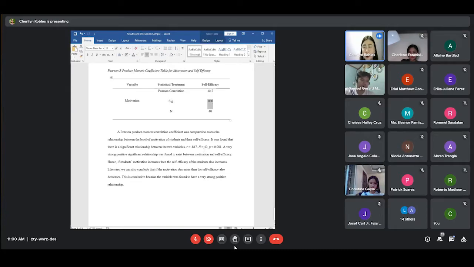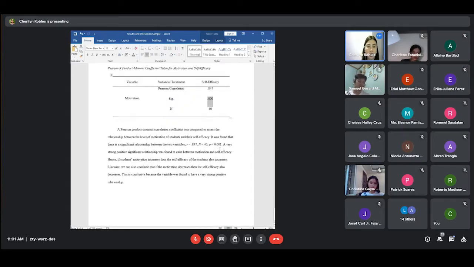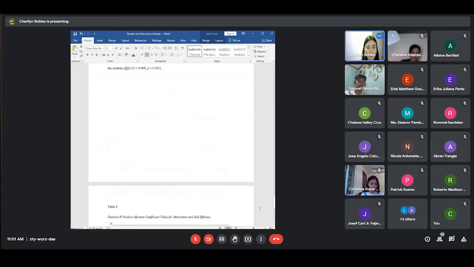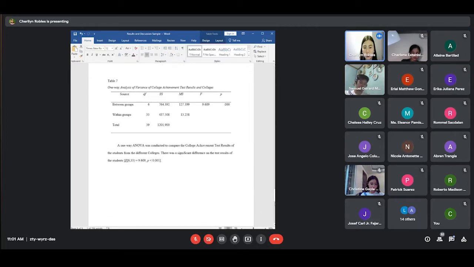And if you interpret it, there is a significant relationship between the two. The same with significant difference. If it's less than 0.05, it means there is a significant difference. Is that clear, guys? Okay. So, for correlational, we're done.